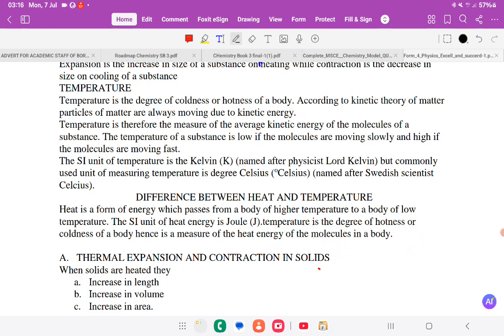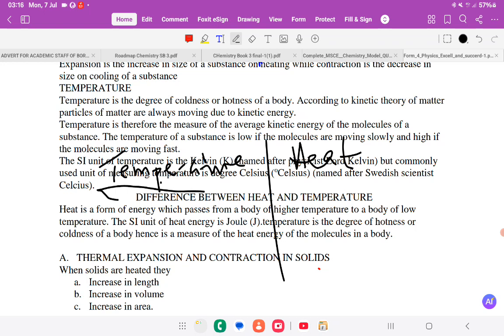So if you are to tabulate these differences, let's suppose we have temperature on the one end, and then we have heat energy. You want to give differences. So temperature is coldness or hotness of a body.